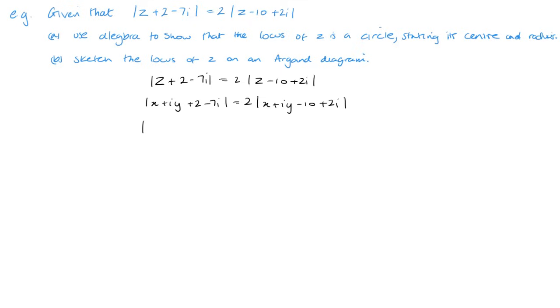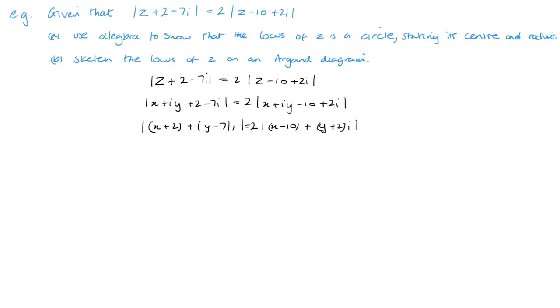Next, I'll collect my real parts and my imaginary parts. So that's x plus 2 plus y minus 7 i, and then this is x minus 10 plus y plus 2 i. Oh, I missed out an equals in there.